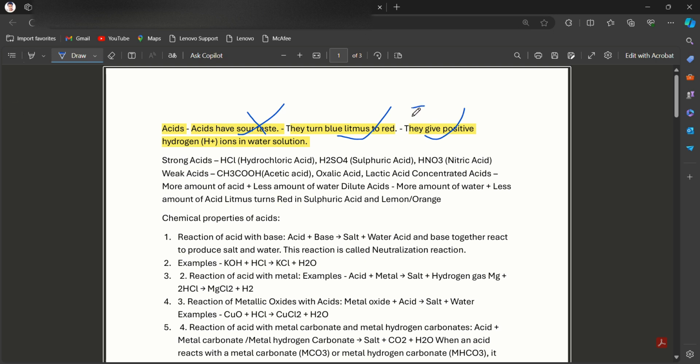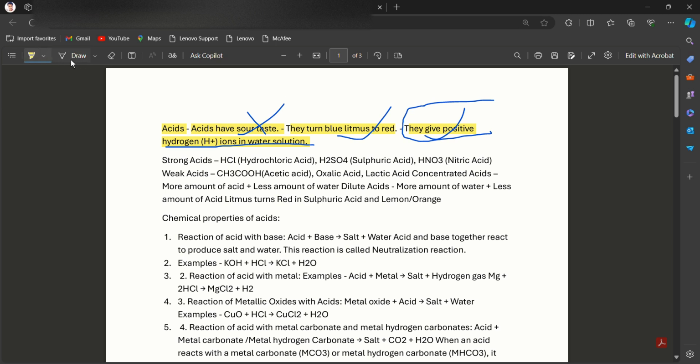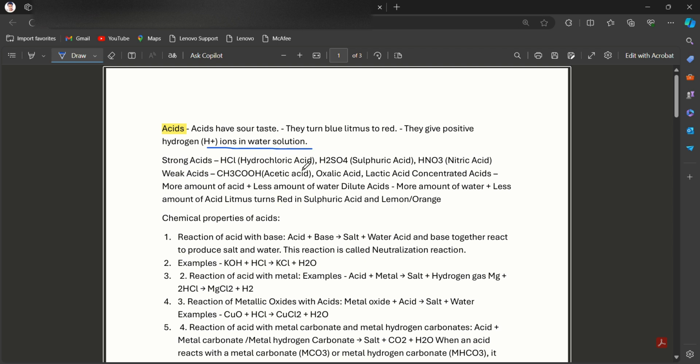So the one property, that they give hydrogen ion in water solution, is most remarkable. You should remember this. You must. This is a very useful property when you talk about acids, that acid gives hydrogen ion in the water solution.